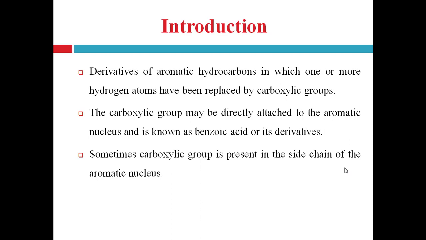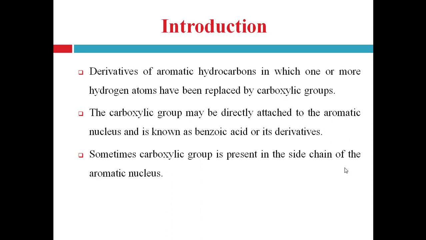In some cases, the carboxylic group may be part of a side chain which is attached directly to the aromatic ring. They are known as the derivatives of aromatic acids. And other substituted benzoic acids are also known as aromatic acids.